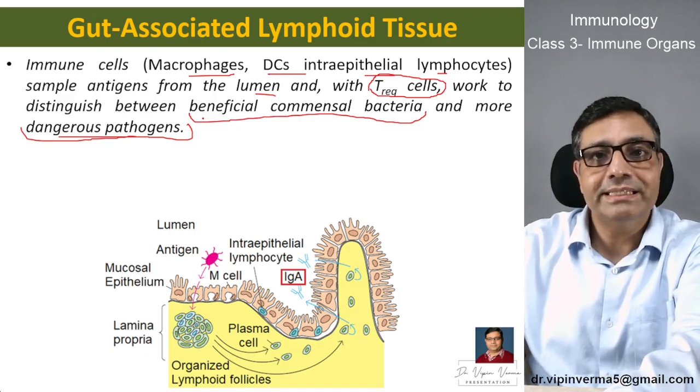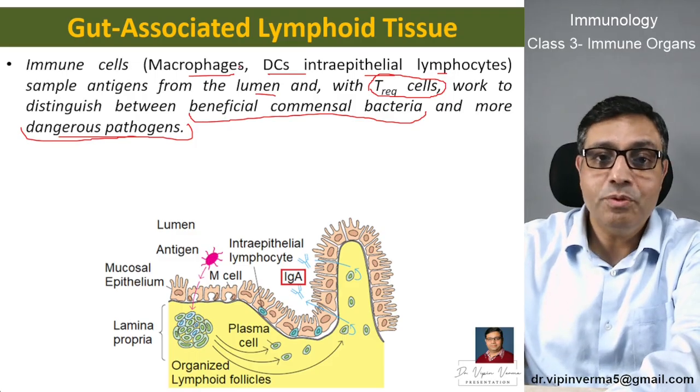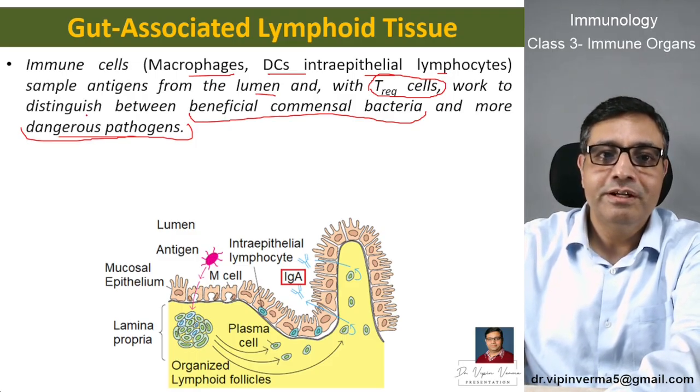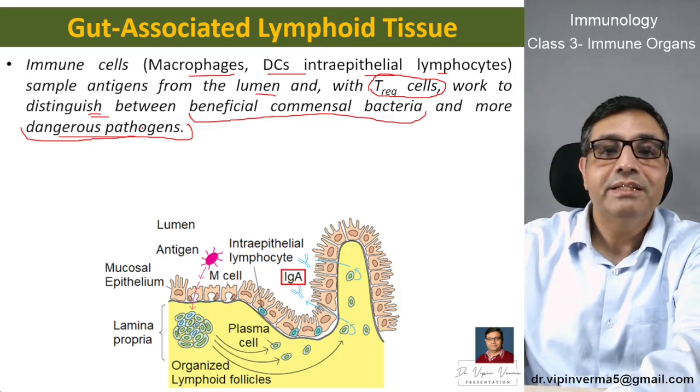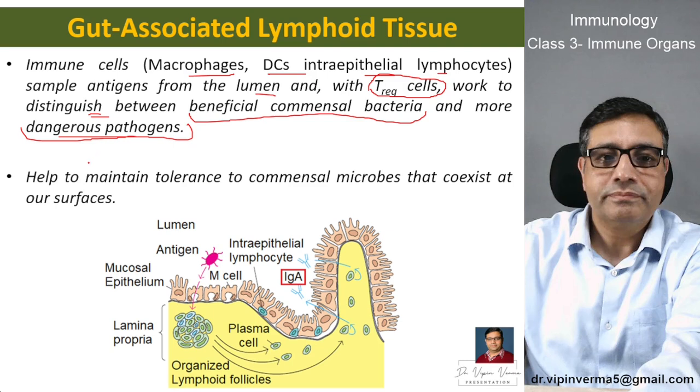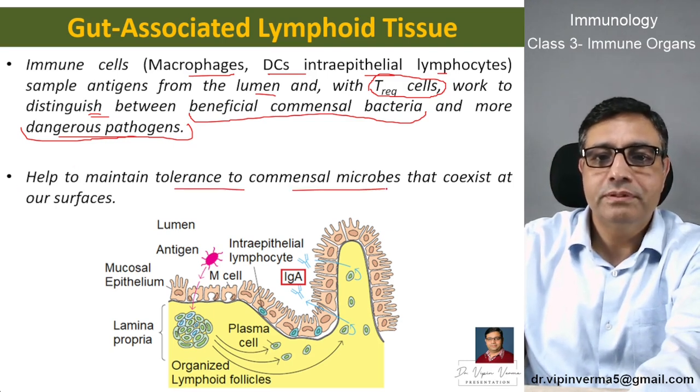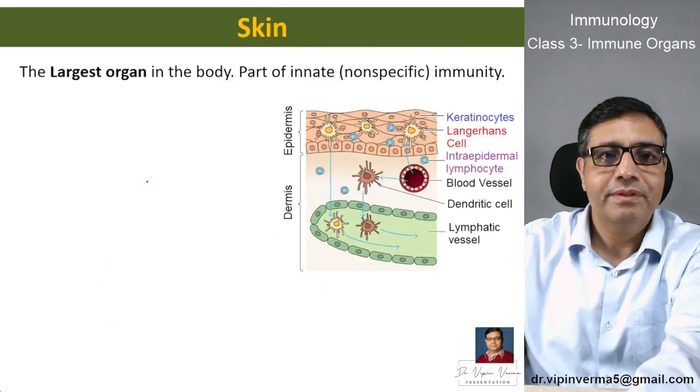So they will activate against the foreign antigen. That's how they can distinguish between the beneficial commensal bacteria and the dangerous pathogens. This helps to maintain tolerance to commensal microbes that coexist at our surface. So that gives the answer, right?